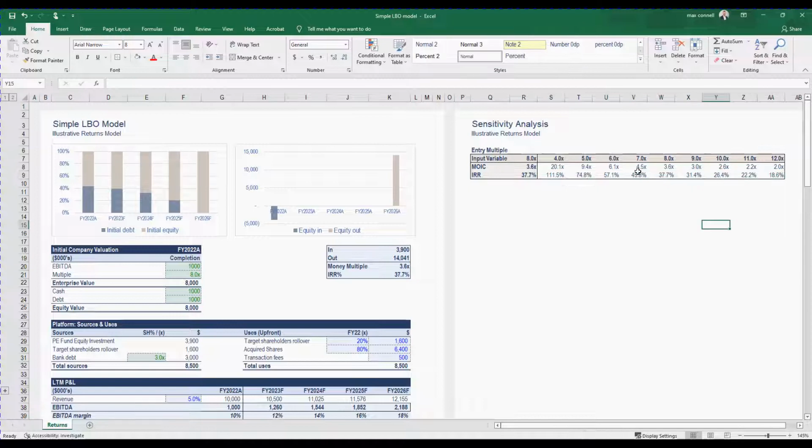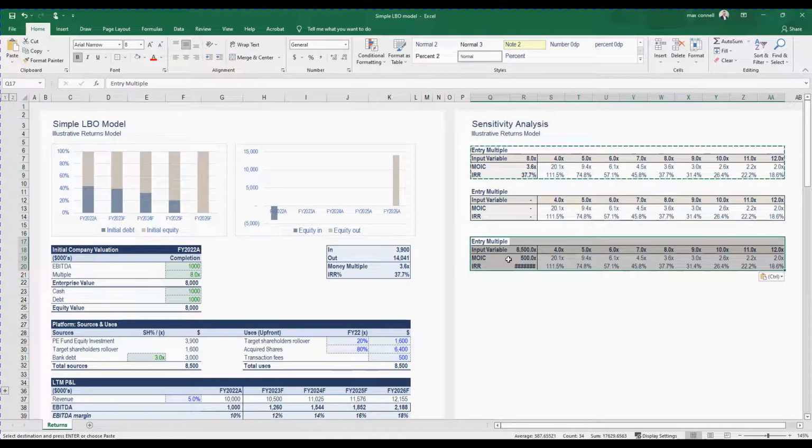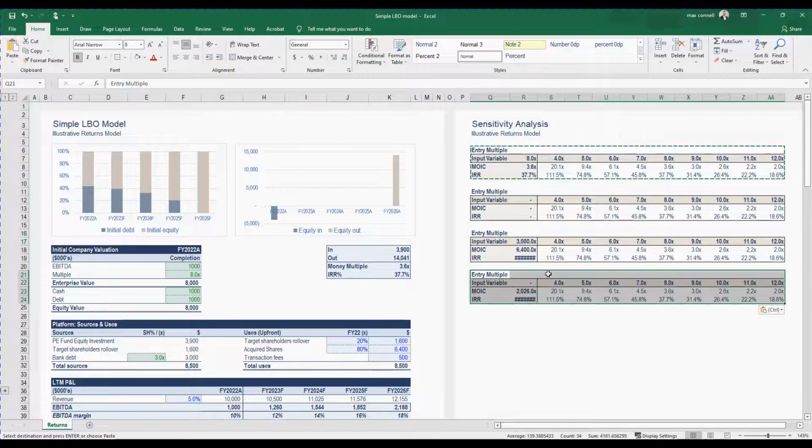So this all makes sense, and it's just a really simple way of seeing what one change in one input variable has on the rest of the model without changing any other component. So you can see that entry multiple is very sensitive to returns. You can see there's a very big discrepancy. So we can copy and paste this and test a few different variables as well.